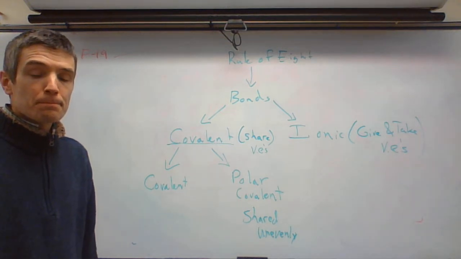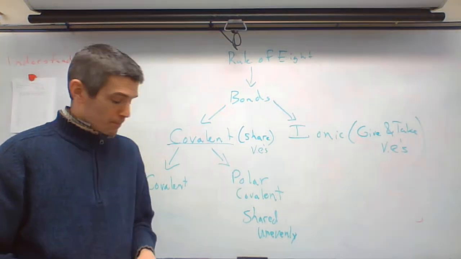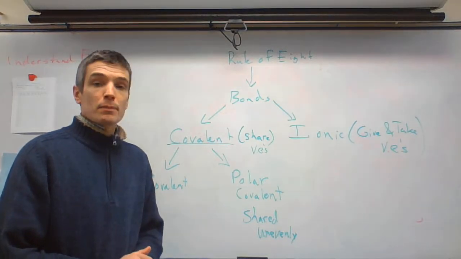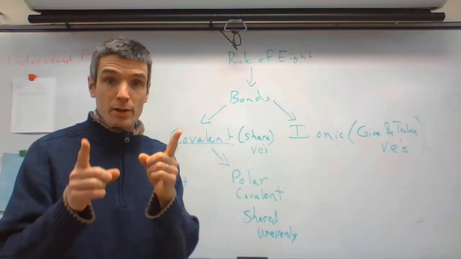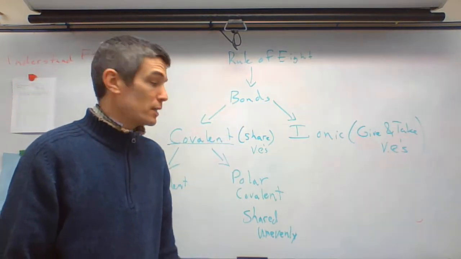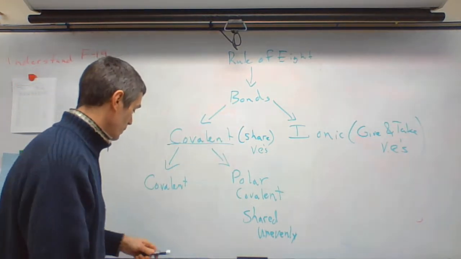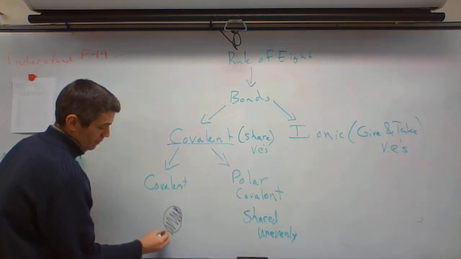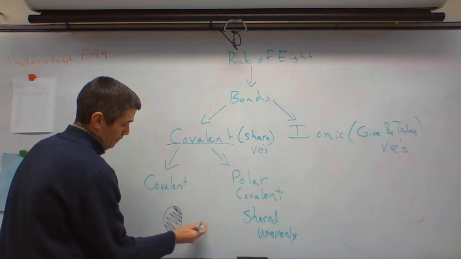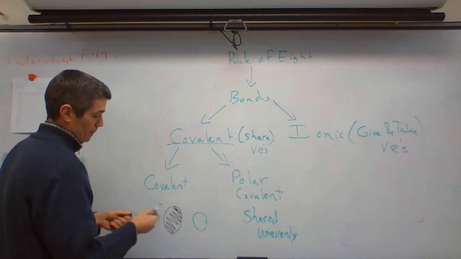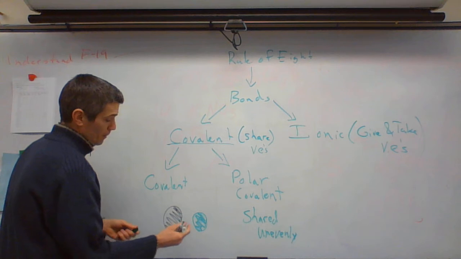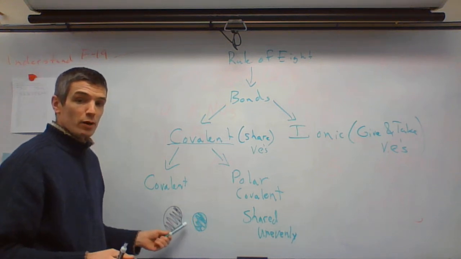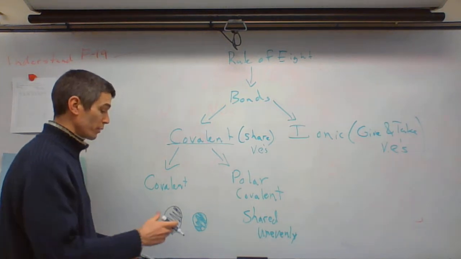Now, the reason why the atoms stay together, why they're bonded, is because with covalent, you have two atoms, and in between them, there are some valence electrons that are being shared.